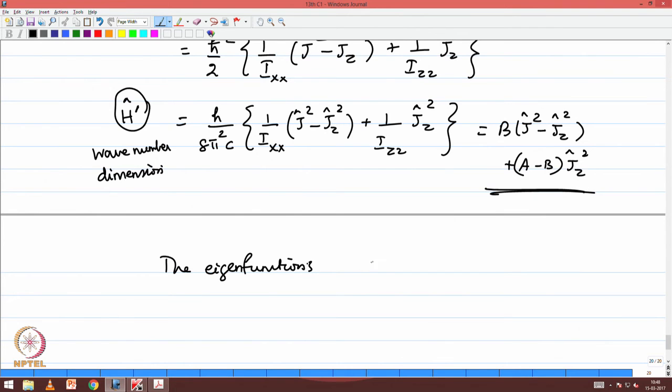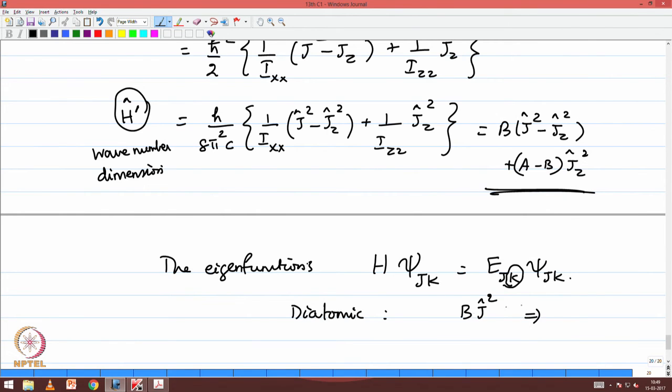And you remember that the eigenfunctions psi_JK of the Hamiltonian, H psi_JK equals E psi_JK, depend on the two quantities J and K. For a diatomic molecule, the energy did not depend on K, because the diatomic molecular Hamiltonian had only B J squared as the operator, and that had an eigenvalue B J into J plus 1.